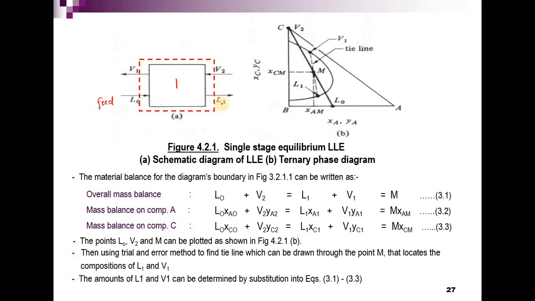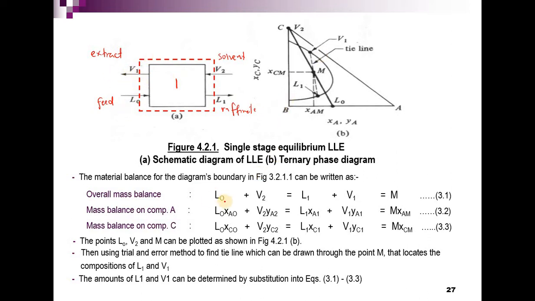The solvent we put as V2 because it comes from outside stage 1, even though there is no tray 2. And the extract we put as V1 because it comes from stage 1.